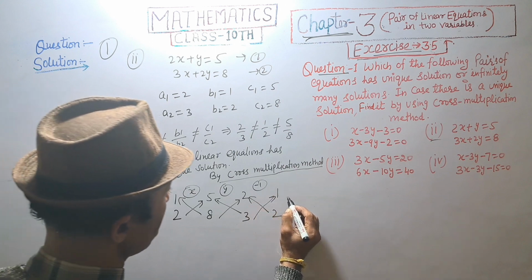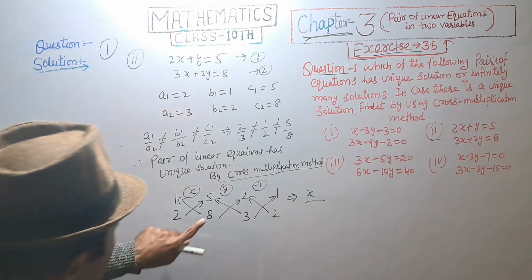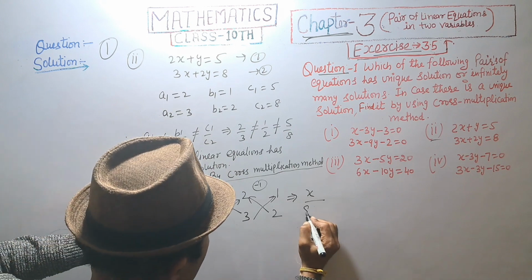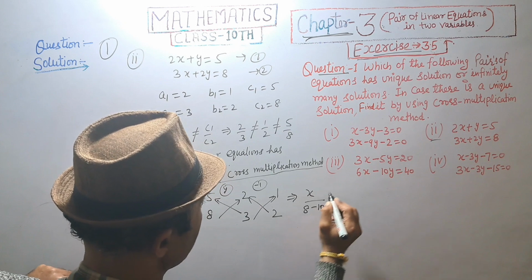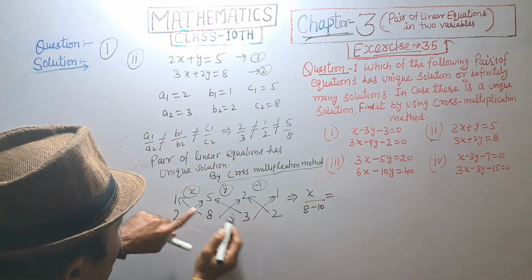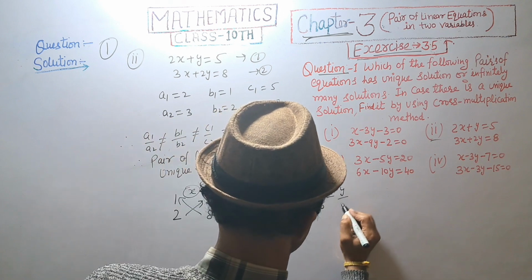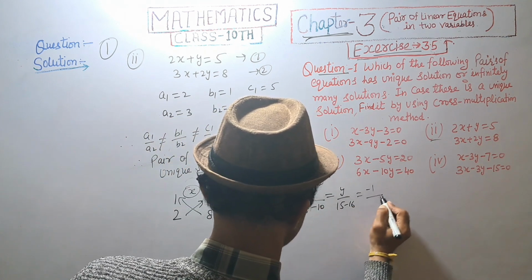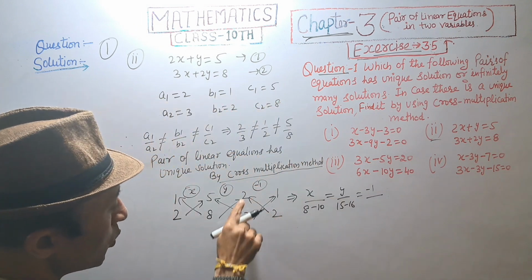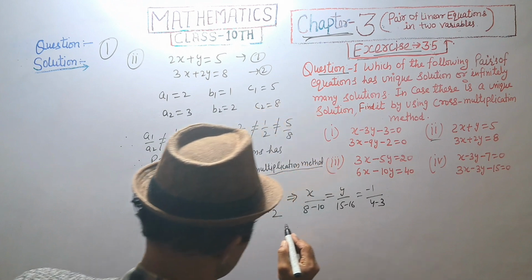Minus 1. This implies x divided by 8 multiplied by 1 is equal to 8, 5 2s are 10, and minus, is equal to y upon 5 3s are 15 minus 8 2s are 16. Y upon 15 minus 16 is equal to minus 1 upon 2 2s are 4 minus 3.